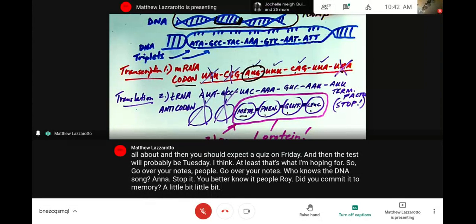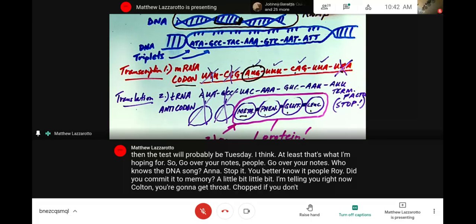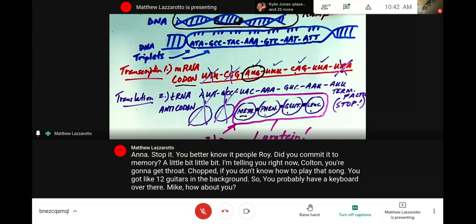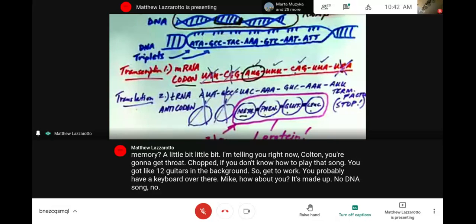I'm telling you right now, Colton, you're going to get throat chopped if you don't know how to play that song. You got like 12 guitars in the background. You probably have a keyboard over there. So, Smeda? No? DNA song? No? Son of a gun.